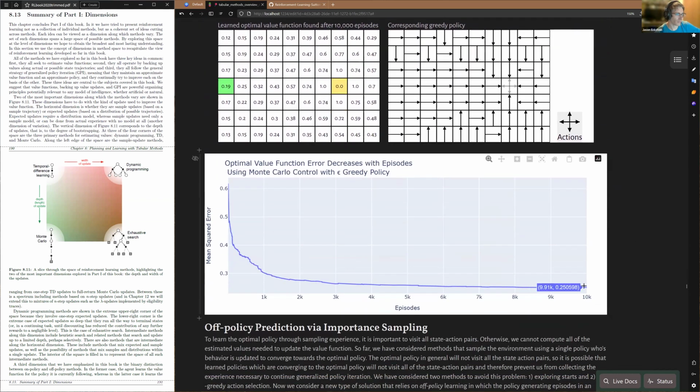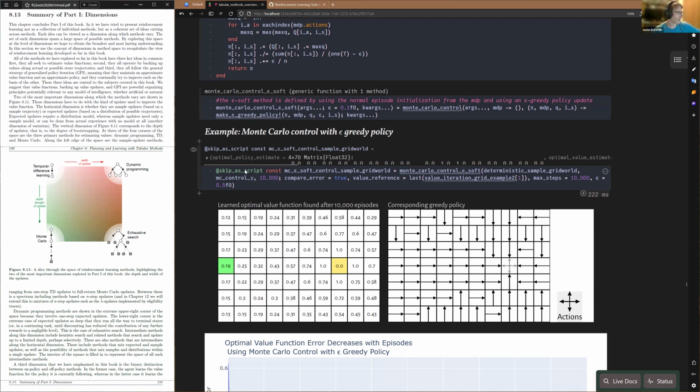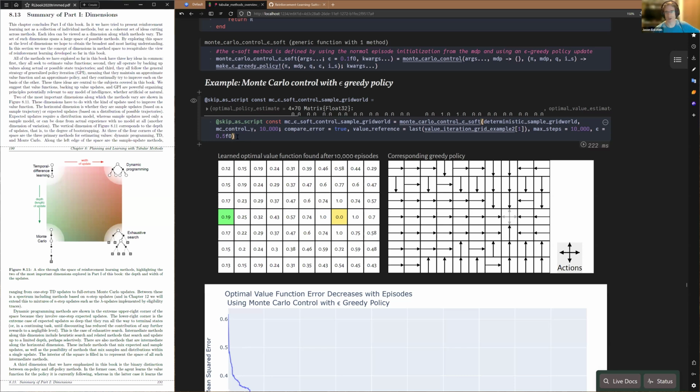Okay. So now you could see even after 10,000 episodes, this value error is still high, and that's because I've set a pretty high epsilon, because this is good for making sure it explores everything for this size MDP. And you can see that this is going to converge to the value function for the optimal epsilon greedy policy.